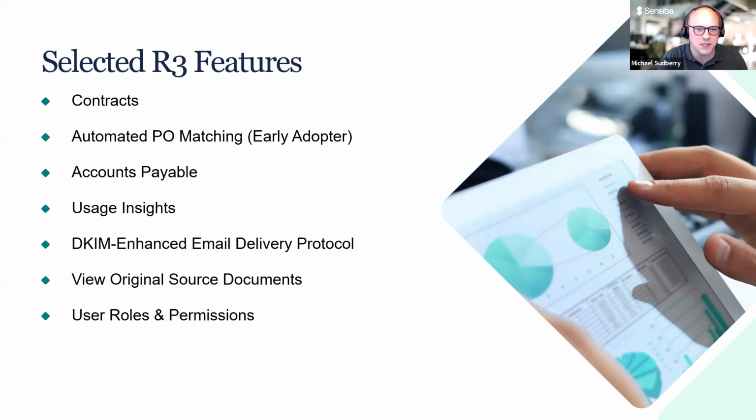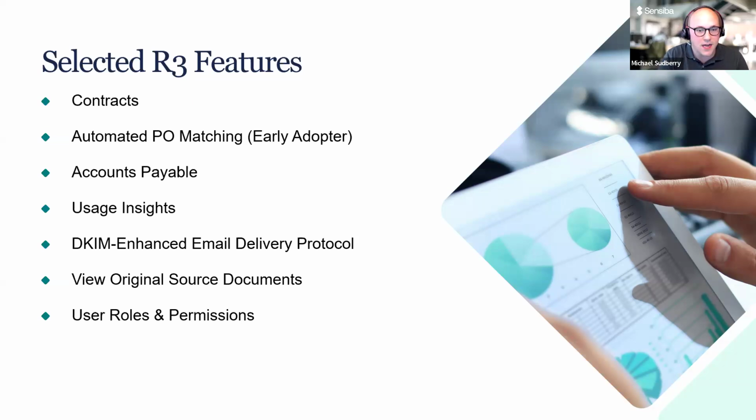Usage insights is a new report in Sage that will give you insight into your system usage, but it's also a very useful tool for making decisions and having some system assuredness. DCAM enhanced email delivery protocol, the new availability of that.